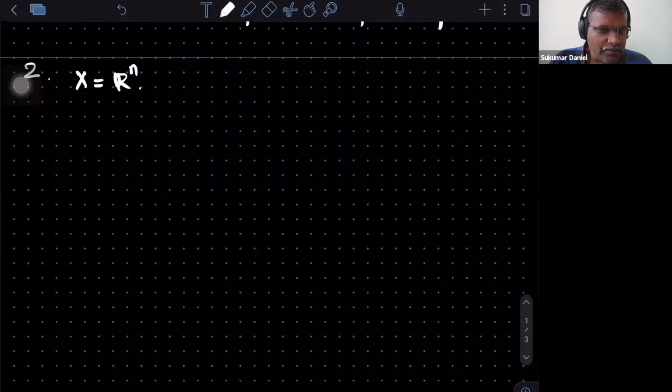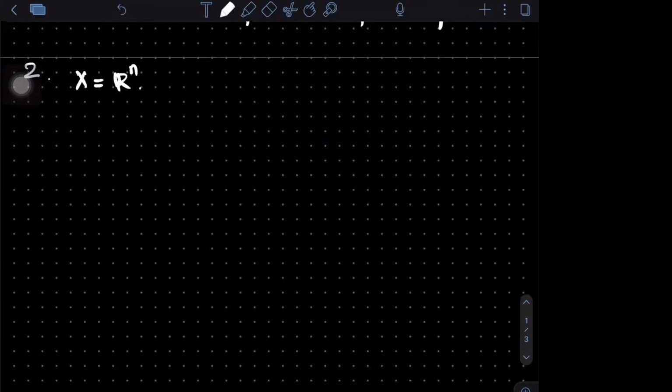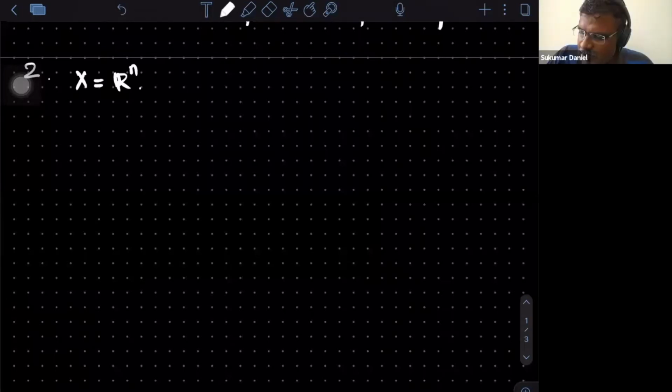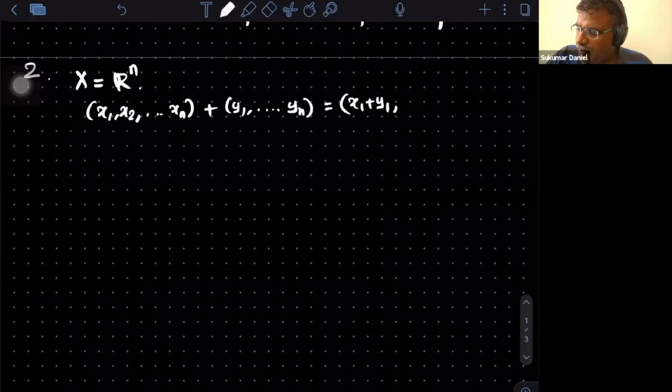Aravind? So am I audible? Yes. So addition of individual coordinates. Correct. So if I take x1, x2, ..., xn, and another element y1, y2, ..., yn, the addition is defined to be x1 plus y1, and so on.